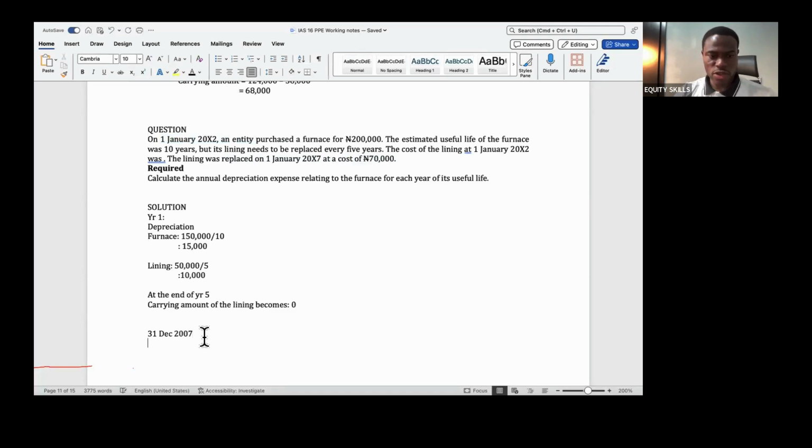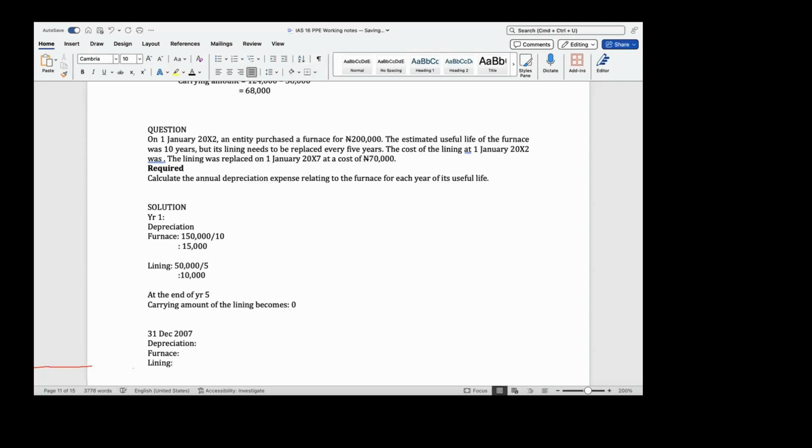Okay. So depreciation from year 6 now, for the furnace, how much will be our depreciation for the furnace? You can tell me? Okay, what about for the lining? 14,000.